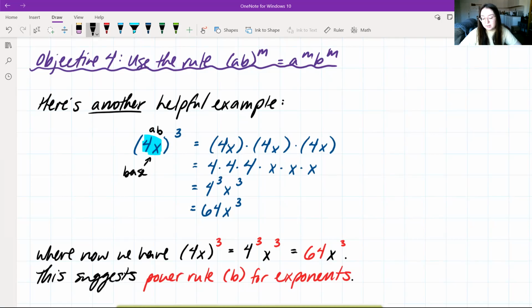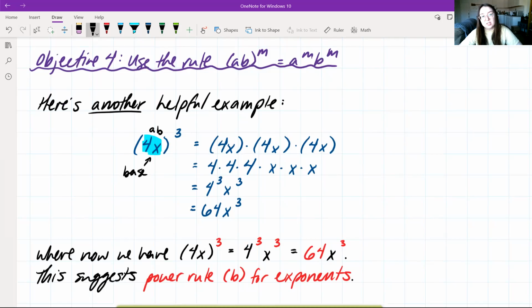So 4x to the power of 3, we can rewrite that as 4x times 4x times 4x, which we can then rewrite. Since it's just multiplying, we can rearrange them any way we want. So we can rearrange this to say 4 times 4 times 4 times x times x times x. Or since we have 3 factors of 4 and 3 factors of x, this can just become 4 to the power of 3 times x to the power of 3.